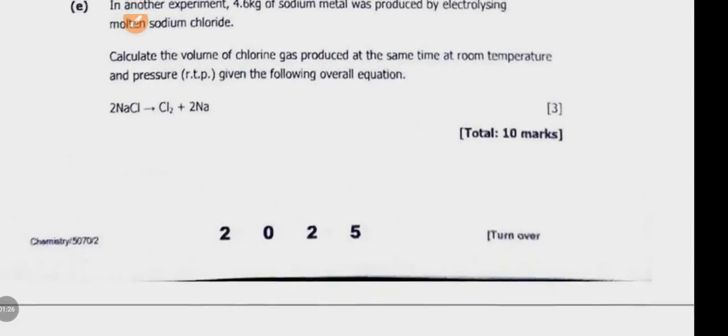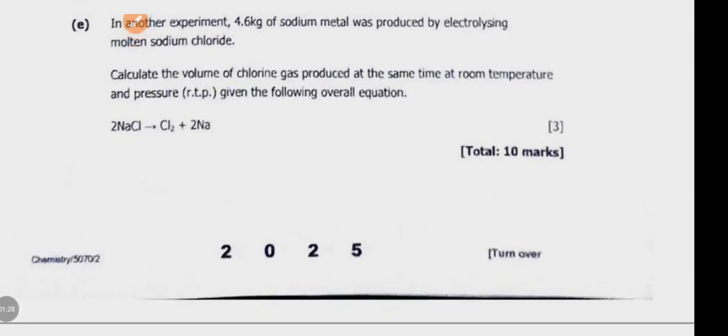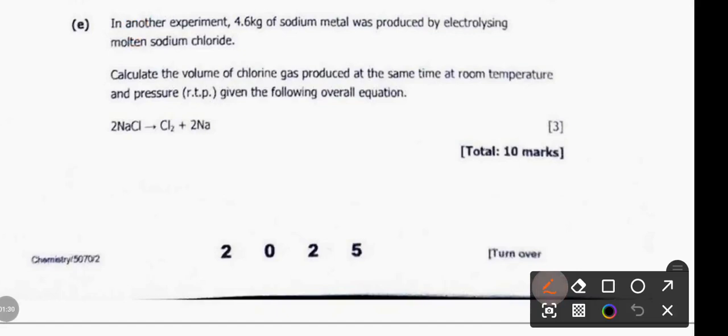Okay, then the question E. In another experiment, 4.6 kg of sodium metal was produced by electrolyzing molten sodium chloride. Calculate the volume of chlorine gas produced at the same time at room temperature and pressure, given the following overall equation.